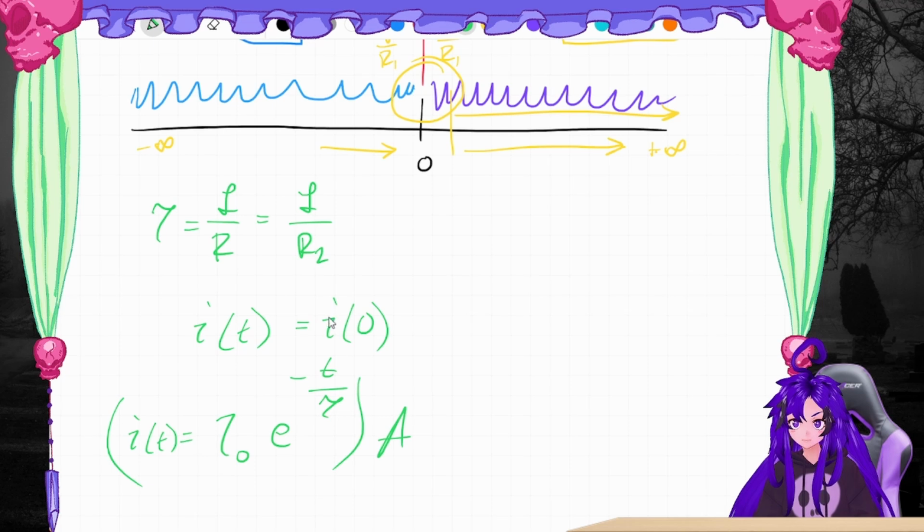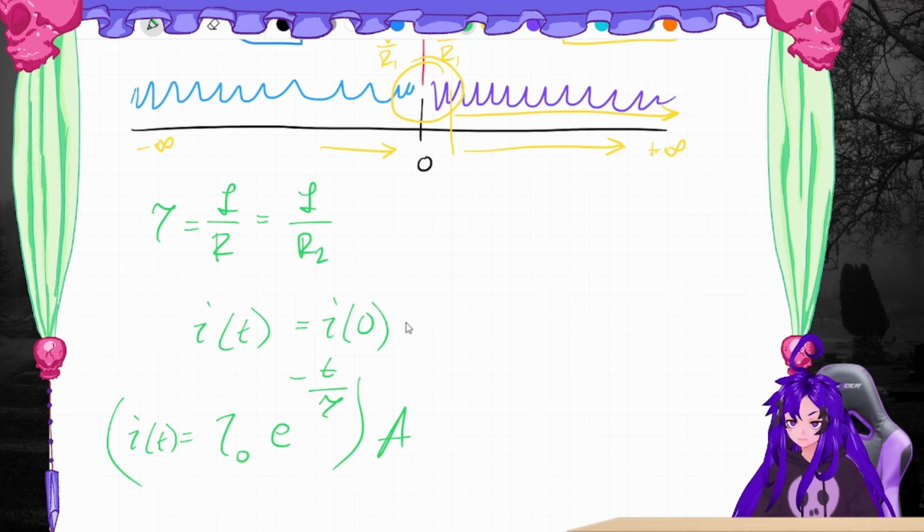And one of our rules of a source-free circuit is that I of 0 is I naught, it's I initial.